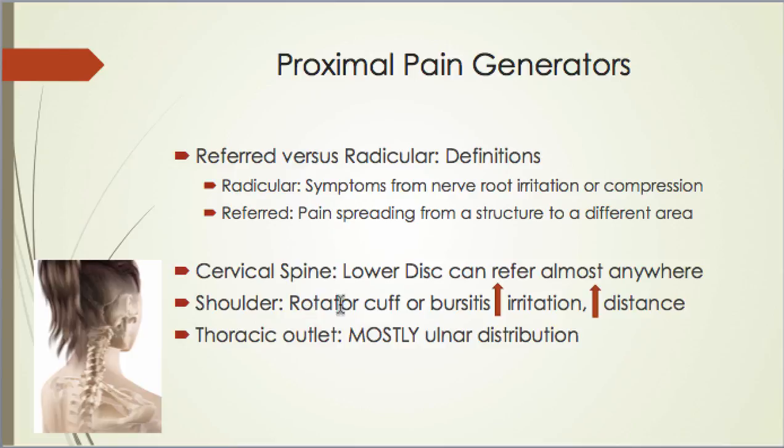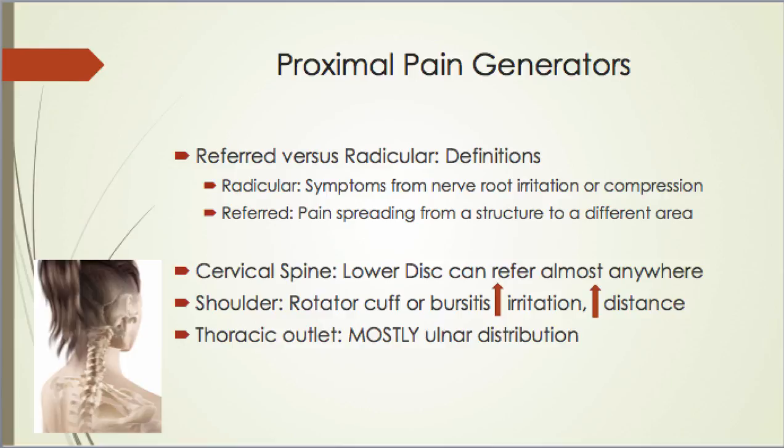For shoulder issues, the rotator cuff and bursitis can refer pain down towards the elbow and even beyond. The key here to understand is that the greater the amount of irritation, the greater the distance it travels. So folks with a bursitis in the shoulder may have pain down to the elbow, but maybe a week earlier when it was really hot, they might have had pain down the forearm as well. And as it gets better, it migrates back up towards the shoulder.